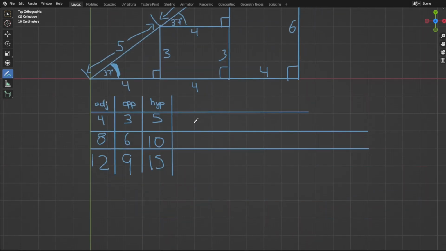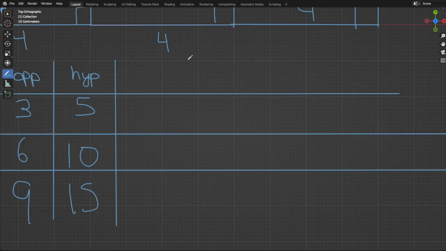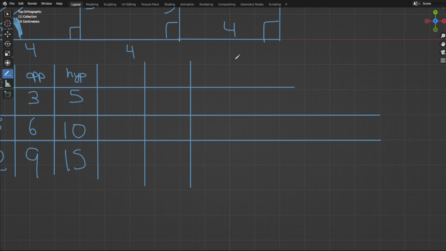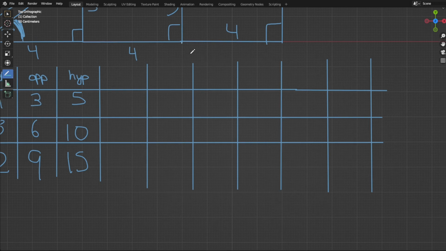Okay. What I'm going to do next is ask, what are the similarities between some of these different sized triangles? And the similarities are always going to be measured with respect to this angle.